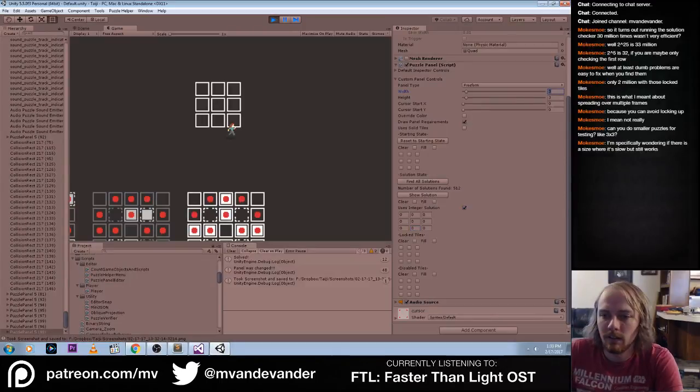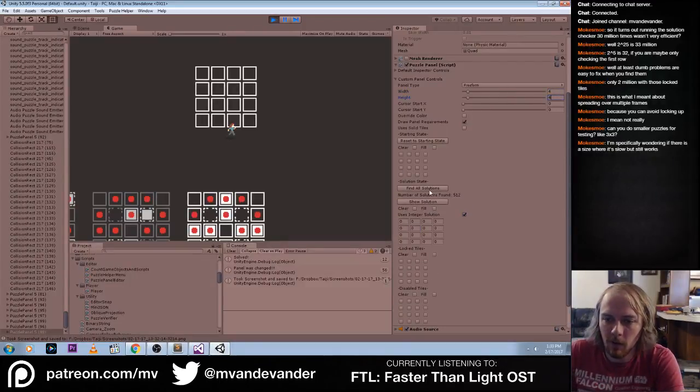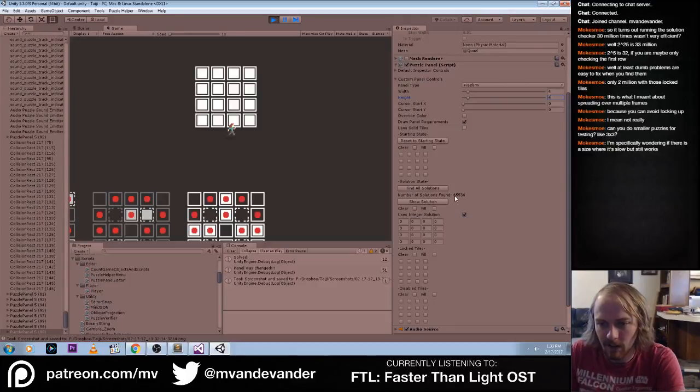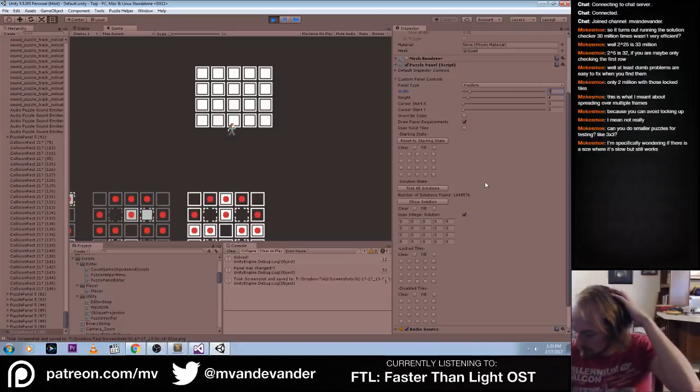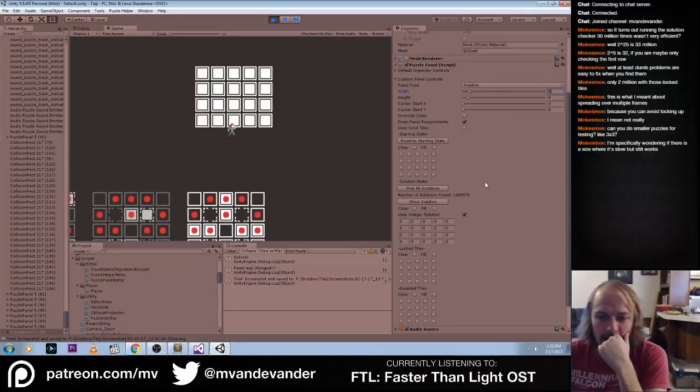If I do 4x4, it's slow, but it still works. I guess if I leave it like this, it shows me how many it finds. 6, 5, 5, 3, 6. Whereas if I make it 5x4, I don't know if it still works. Nope, it still works at 5x4. But the problem is it just grows exponentially, right?